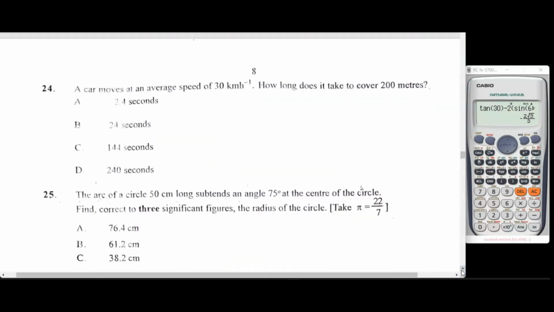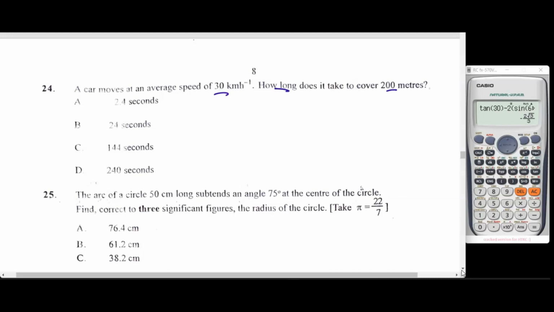A car moves at an average speed of 30 kilometers per hour. How long does it take to cover 200 meters? They've given us a speed as 30 kilometers per hour, and the distance is 200 meters. We are looking for the time.